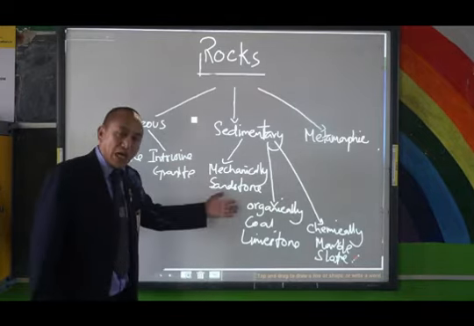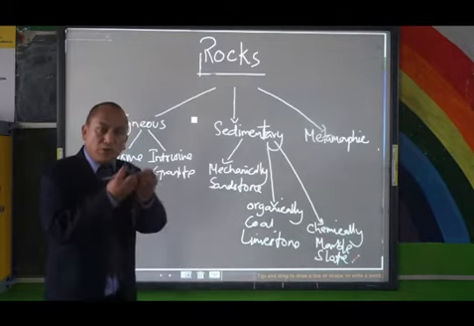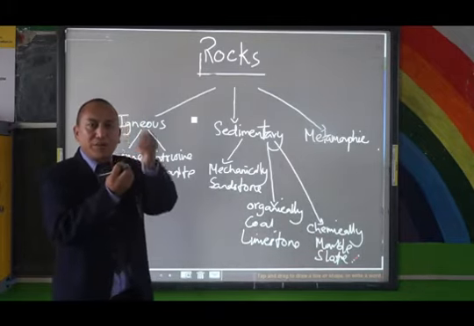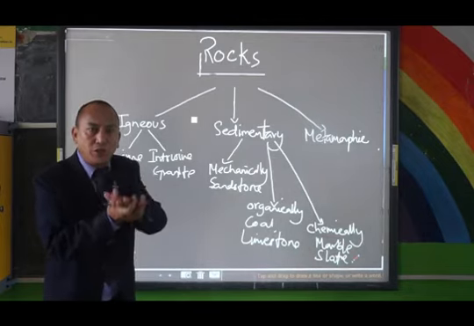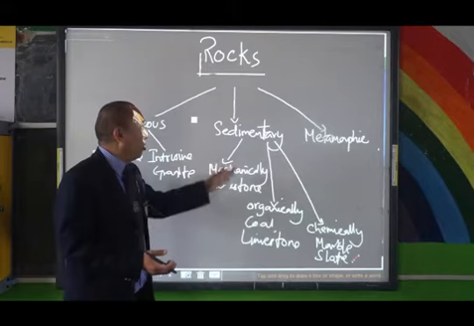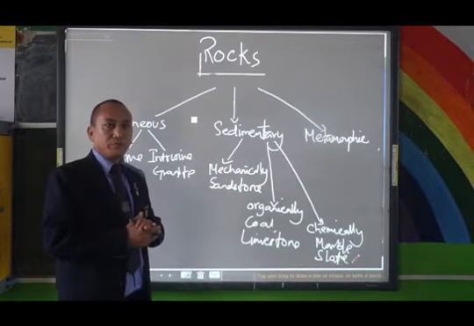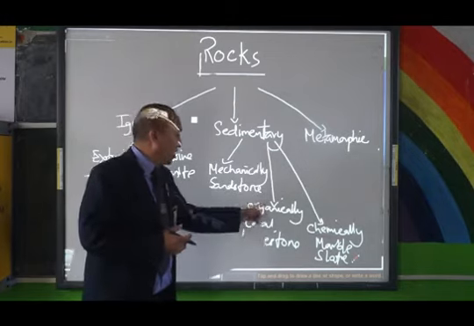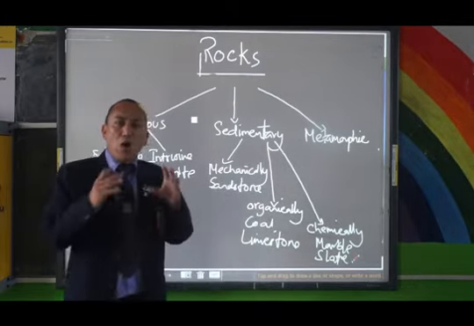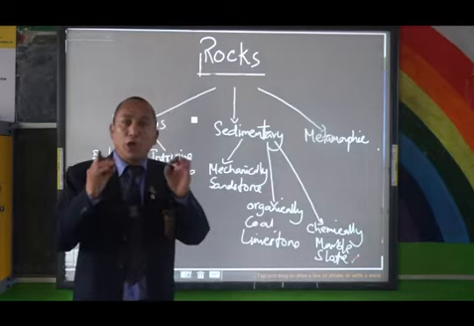When the rocks are broken down, they form small particles, and when these particles are compressed in the course of hundreds of years, they form a rock which is called a mechanically formed sedimentary rock. Example is sandstone. Now the next type of rock is the organically formed sedimentary rocks. How are sedimentary rocks formed organically?